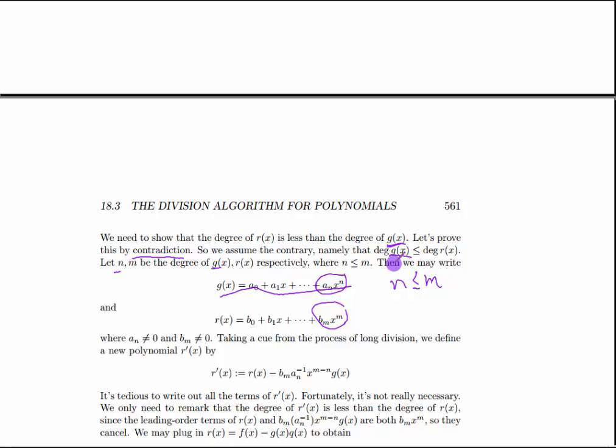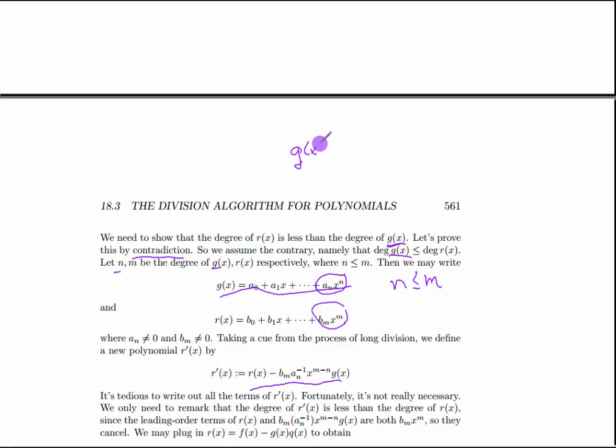Now, what we could actually do in this case is we could divide more copies of g into r. And how would that work? Well, think of this expression here. Suppose I take b_m times a_n inverse times x to the m minus n times g of x.